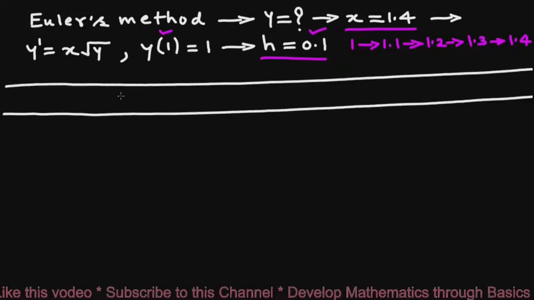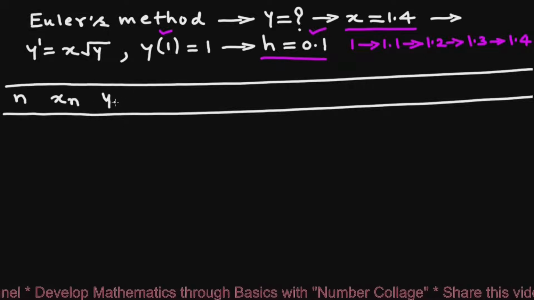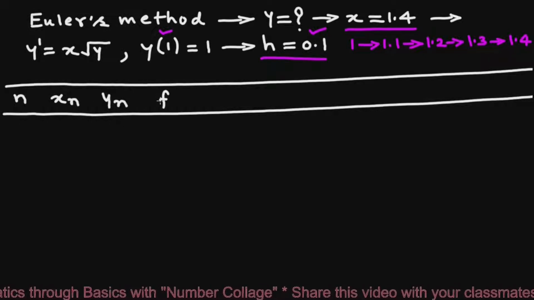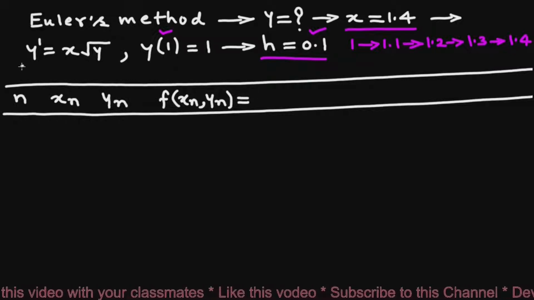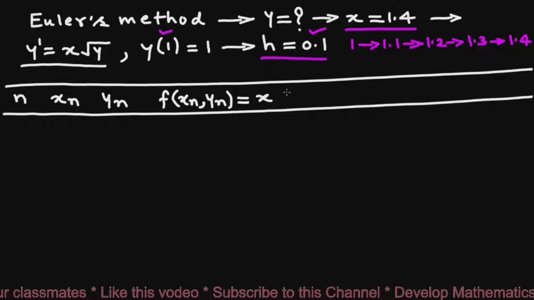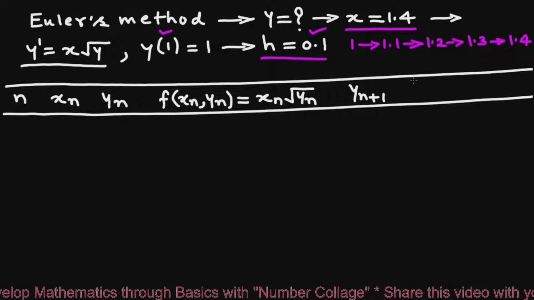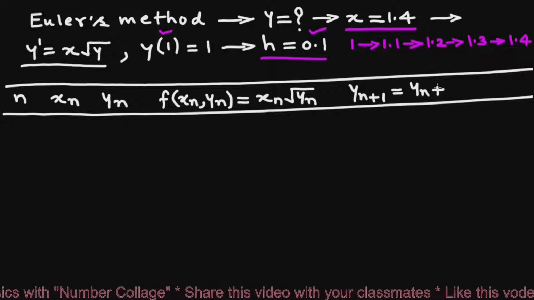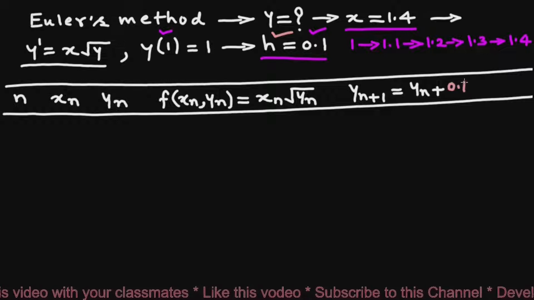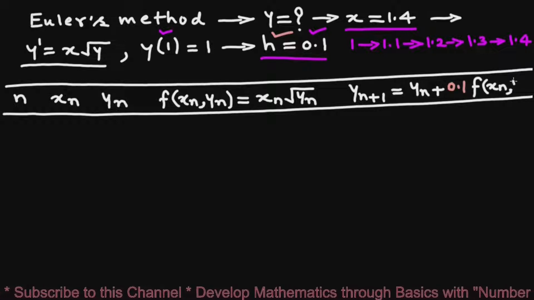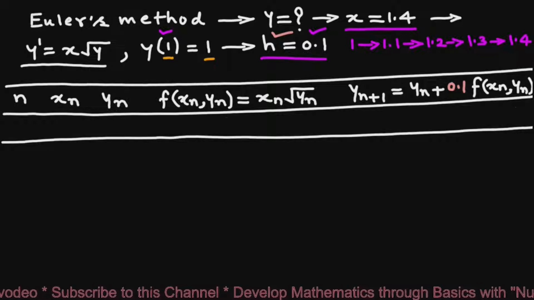So we will make columns of n, then xn, then yn, then f of xn comma yn, which is according to this will be xn root yn and yn plus 1 equals yn plus h times, which is 0.1 f of xn comma yn. In the next row we will write n equals 0.